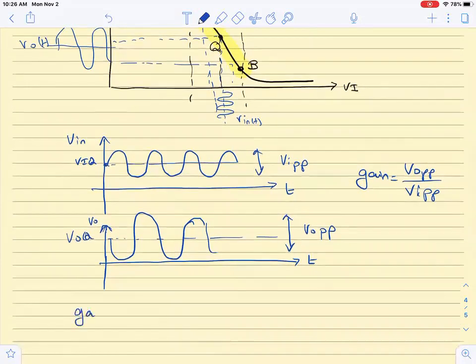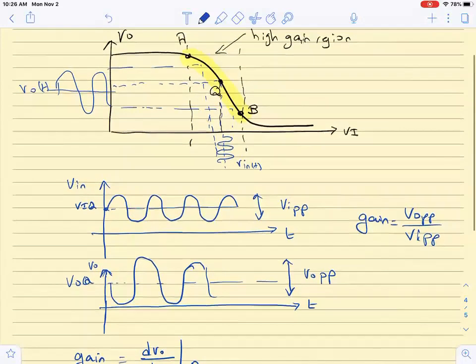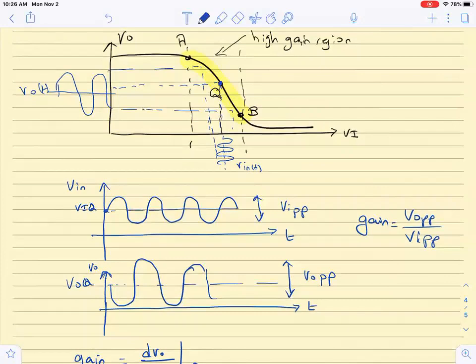As we learned before, we can say that the gain is really the slope. So the small signal gain is dVo by dVn at point Q. If I know Vo as a function of Vn at this point, I can find the gain.